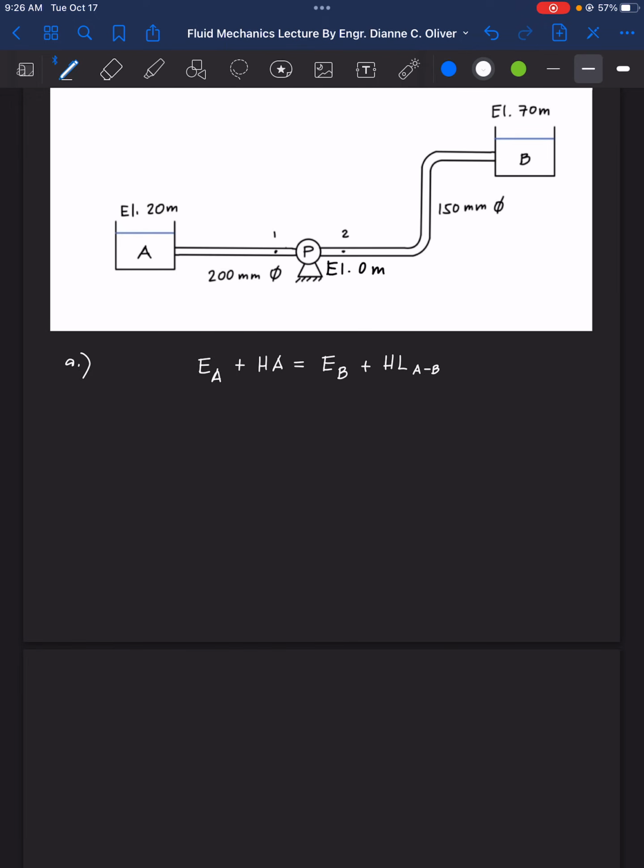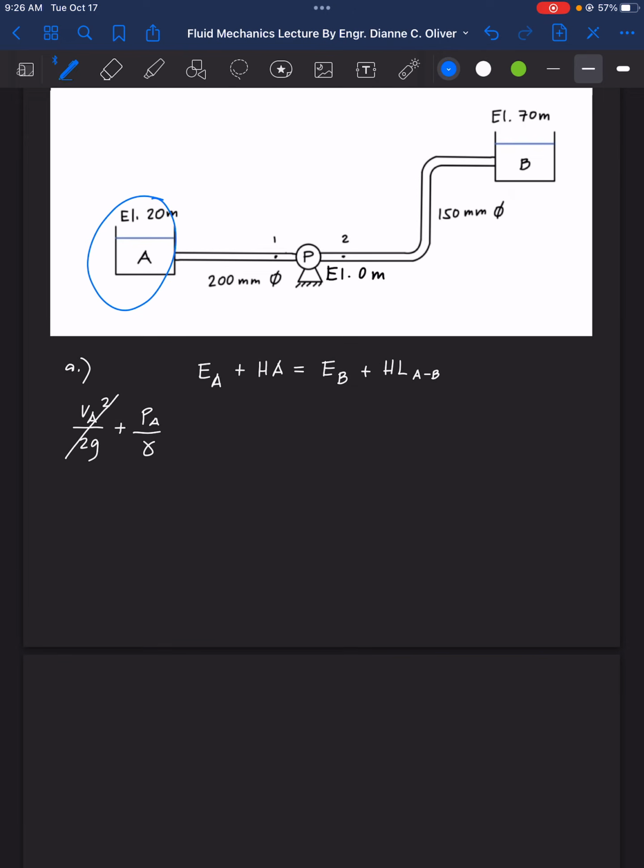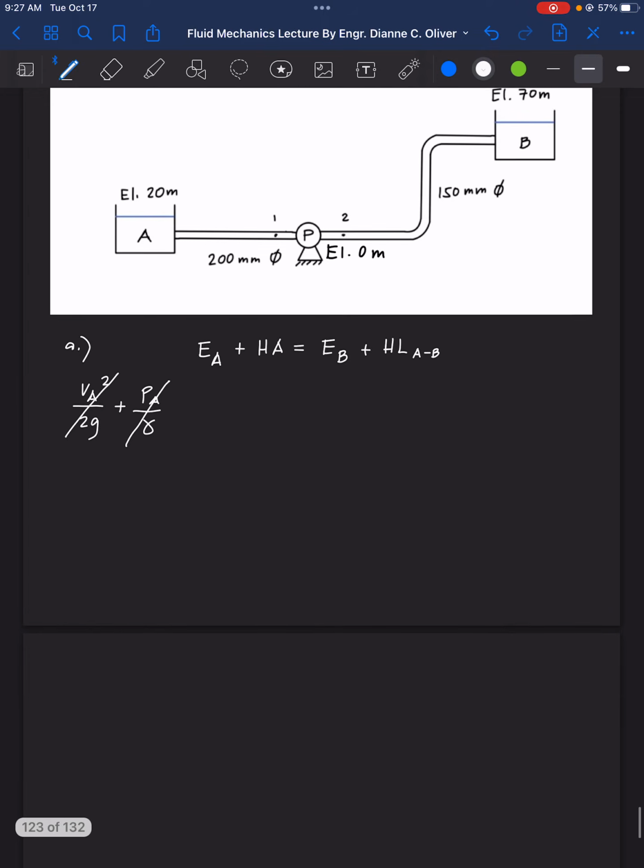So we have here the velocity head over 2g, which is, there is no velocity head since point A is exposed. So we're going to remove the velocity head for A, plus the pressure head here. Since point A is exposed, we're going to remove the pressure head.